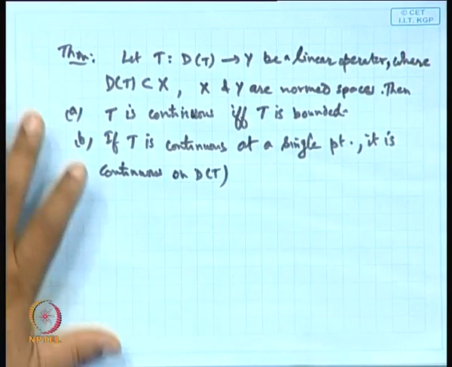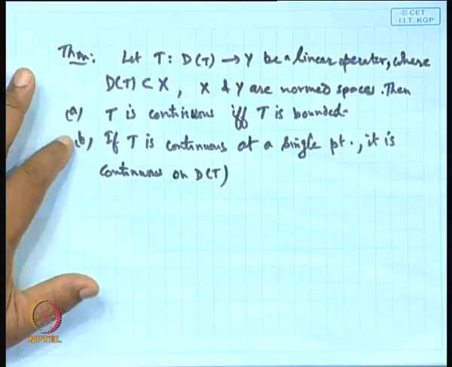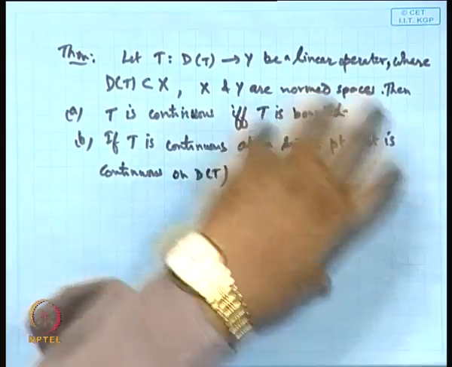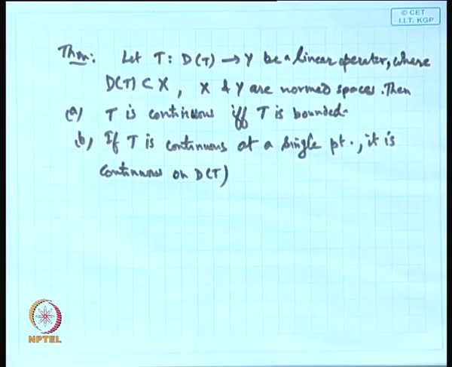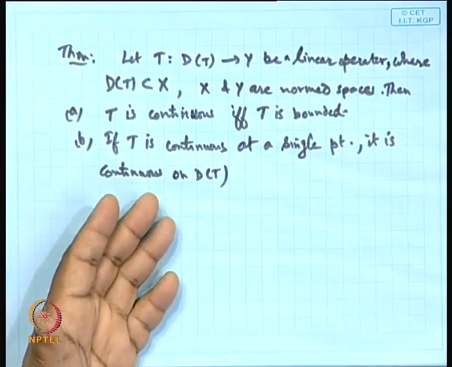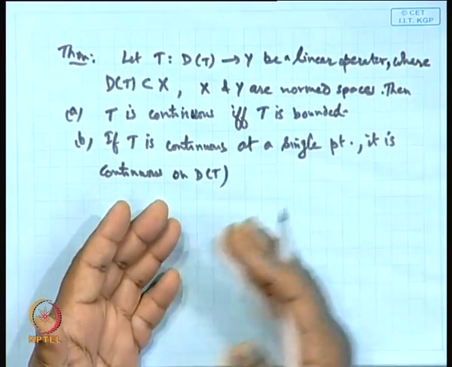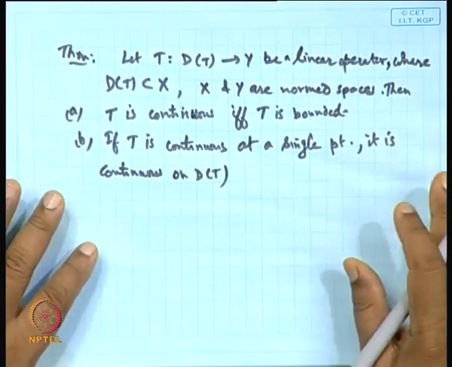So, in case of a linear operator, this second result is also interesting: to test continuity on the entire domain, simply find the continuity at a single point. Because T is linear, it will automatically spread the continuity over the entire domain D(T).